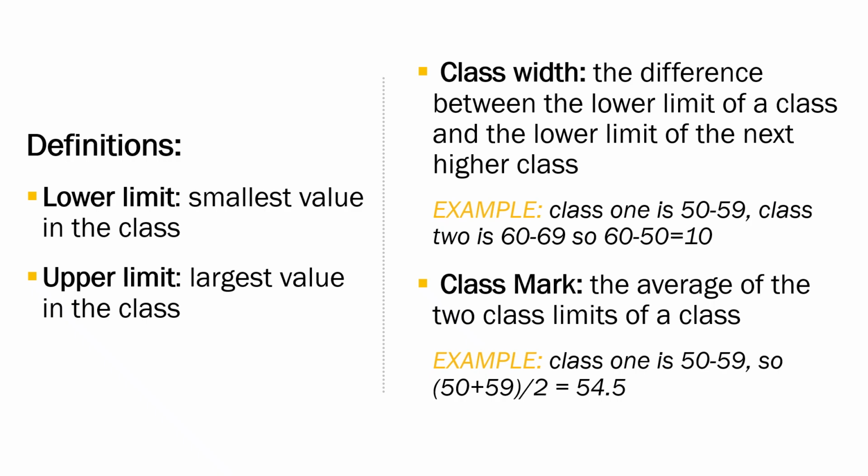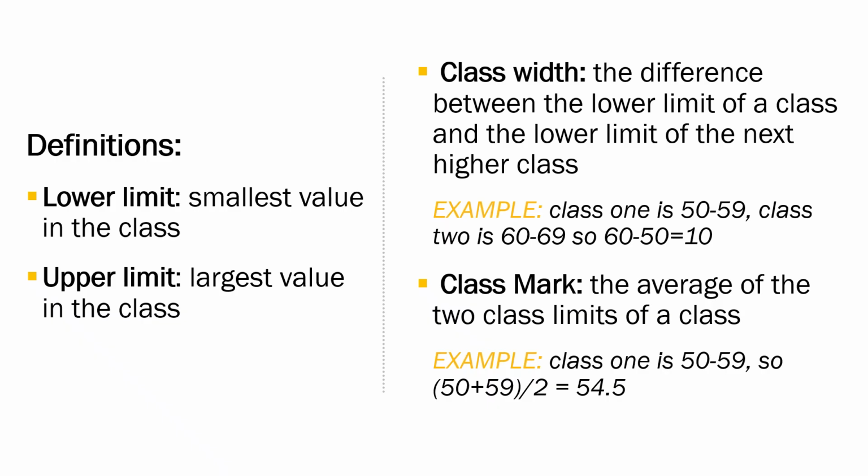There are a couple of definitions we should go through before we continue the discussion on limit grouping. As I mentioned before, we have the lower class limit and the upper class limit. The lower limit is the smallest value in the class, and the upper limit is the largest value in the class. You might think to yourself, well, how am I to know where to start? Where do I go to find my lower limit? Usually that will come from a class width.